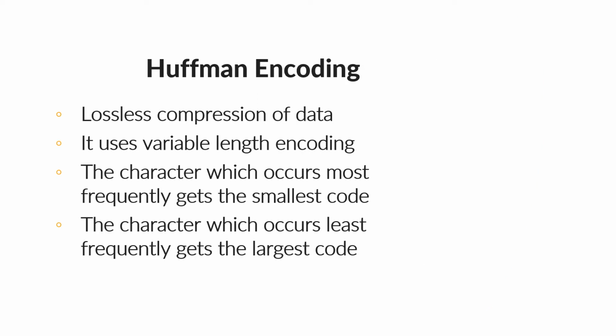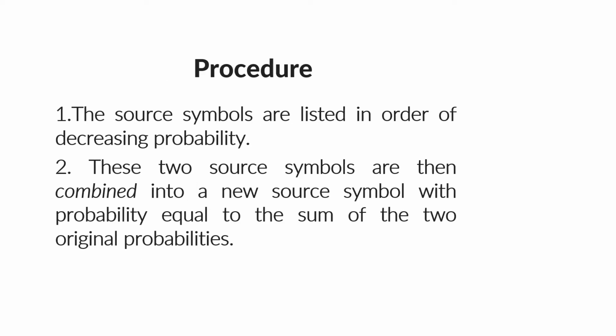Huffman coding is a lossless compression of data, and it uses a variable length encoding technique. The character which occurs most frequently gets the smallest code, and the character which occurs least frequently gets the largest code. The procedure for building Huffman code is: all the given source symbols are listed in the order of decreasing probability.